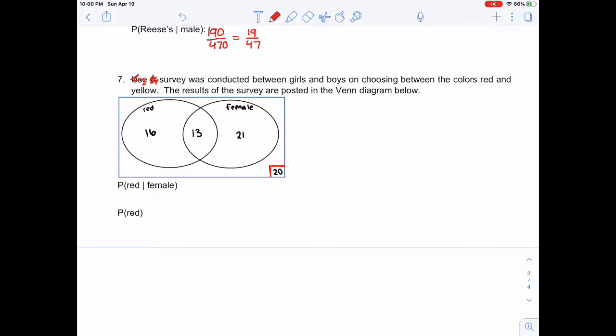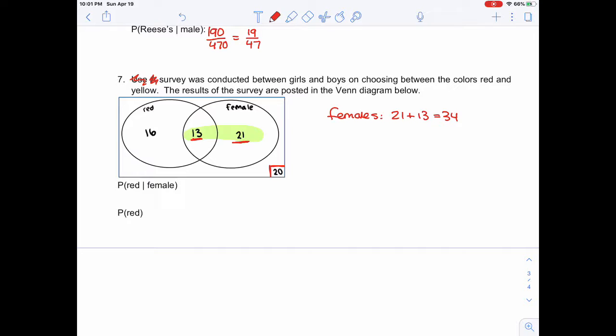Let's take a look here. Clearly we can see for females altogether, we have 21 and 13. So I'm going to add that up. Females, we have 21 plus 13, which is 34 total females. Okay, so you have to make sure you're adding both the numbers that are just in that female part and the shared ones.